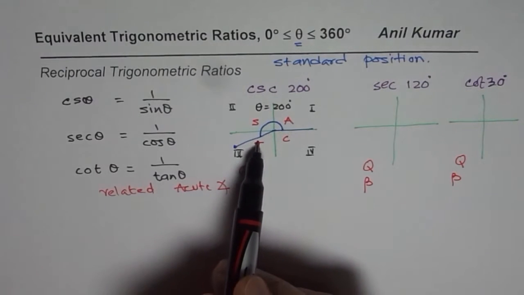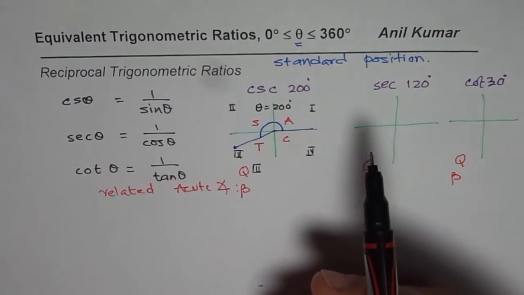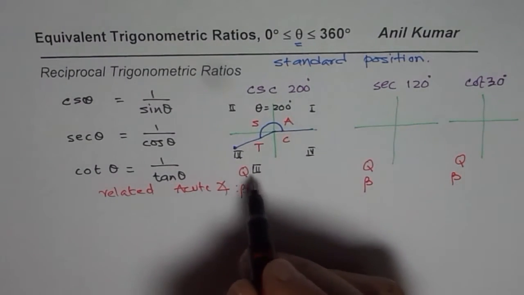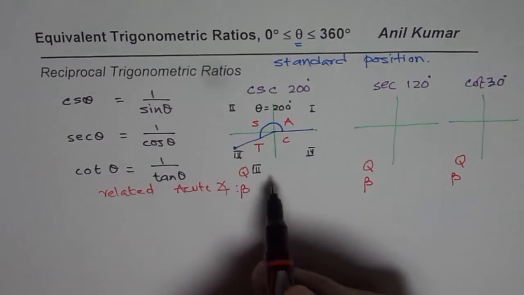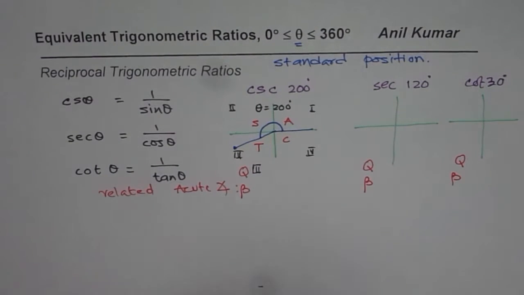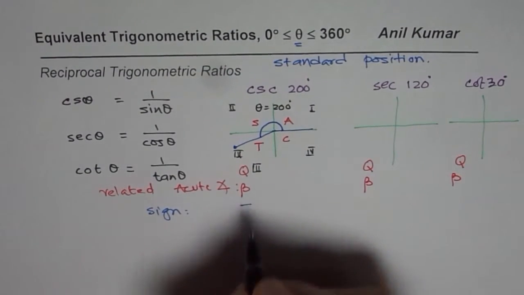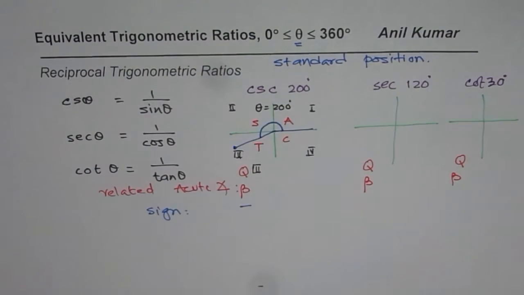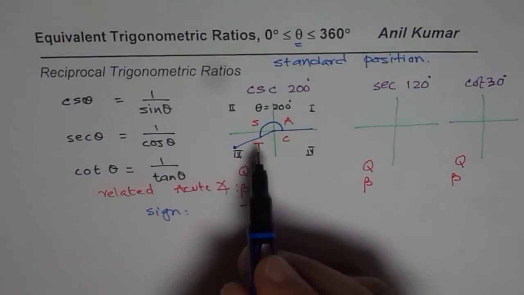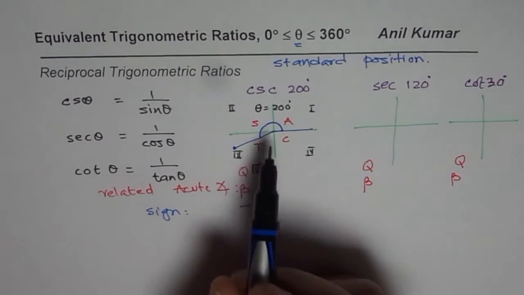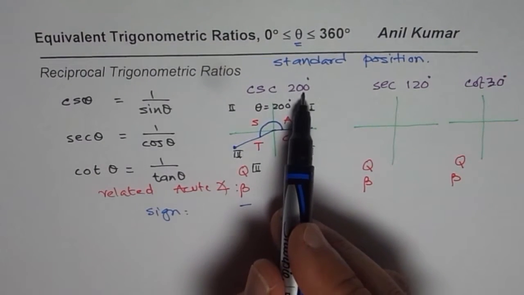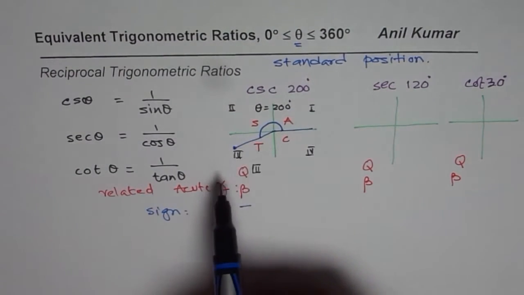Sine is negative, therefore its reciprocal will also be negative. Is that okay? So we know that for cosecant, what is the sine? So we'll write down sine here. Sine is negative for us as far as the cosecant goes. So we expect a negative result, right? Since we are in quadrant 3 and we're talking about cosecant 200, the value will be negative.